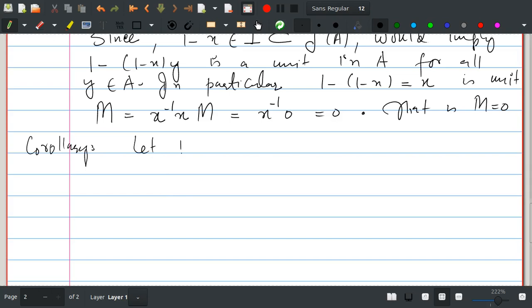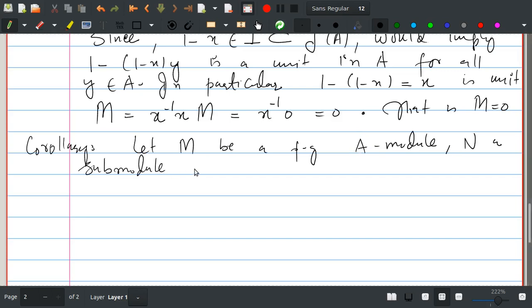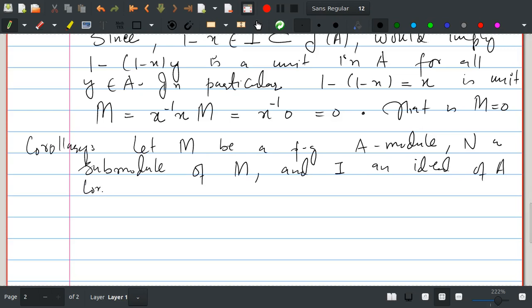Let M be a finitely generated A module, N a submodule of M, and I an ideal of A contained in the Jacobson radical of A, which is J(A).